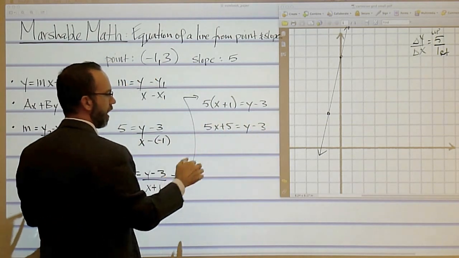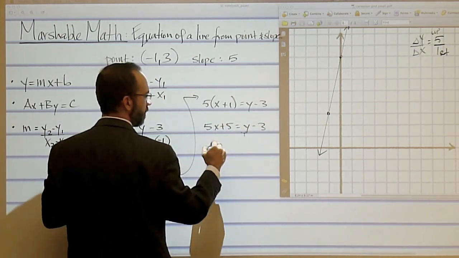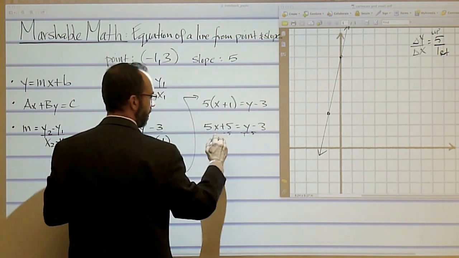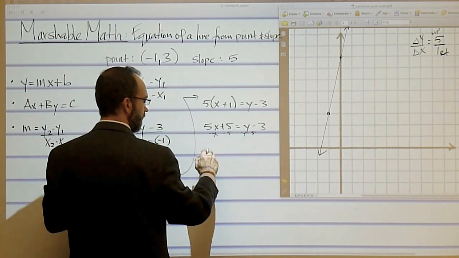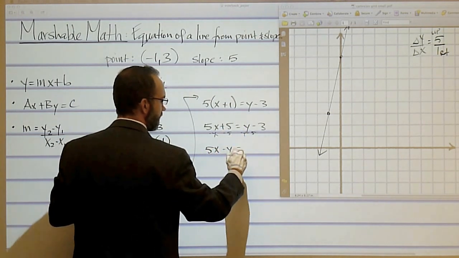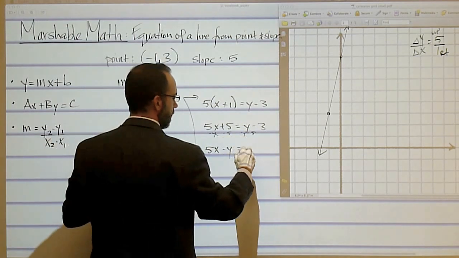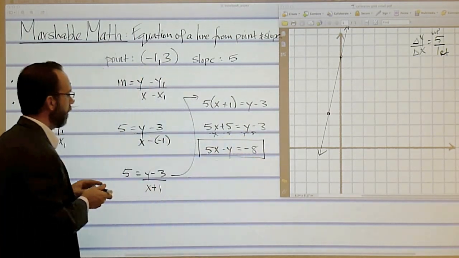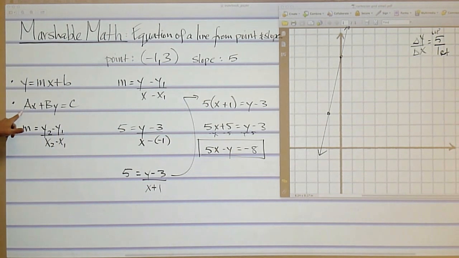Now let me just move the y over by subtracting y from both sides, but also let me subtract 5 from both sides. Minus 5 minus y. What I would get would be 5x minus y is equal to -8. That would be then in standard form or in general form.